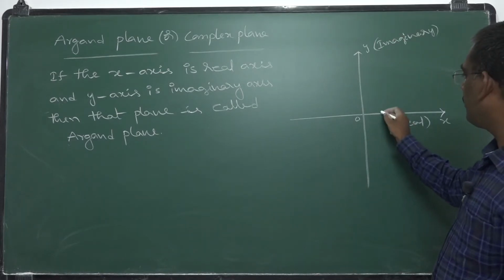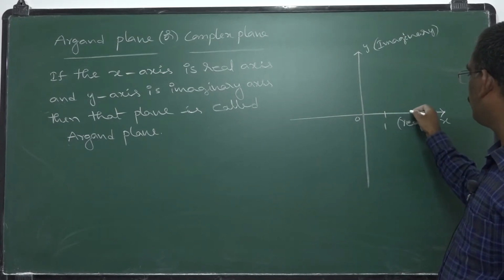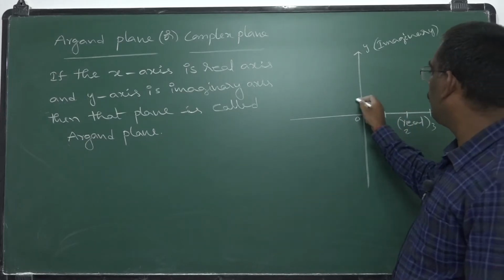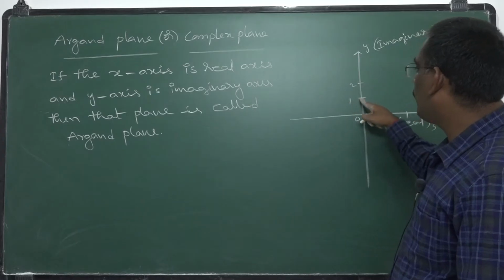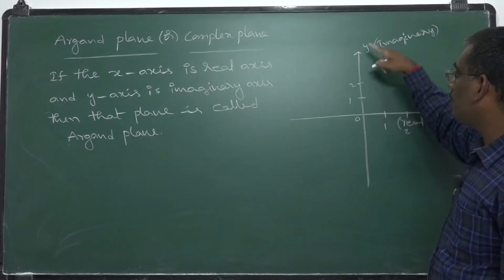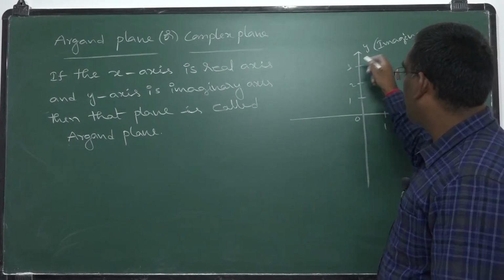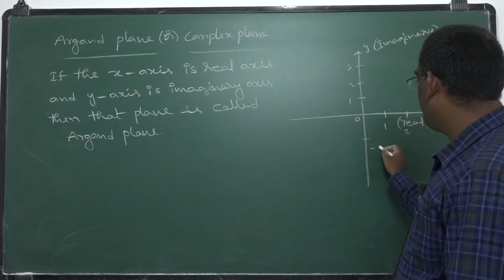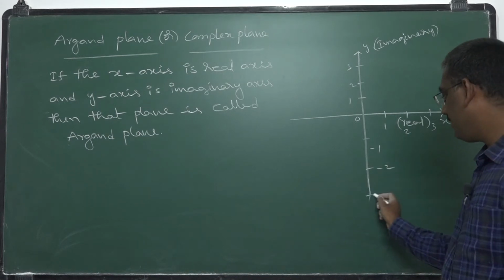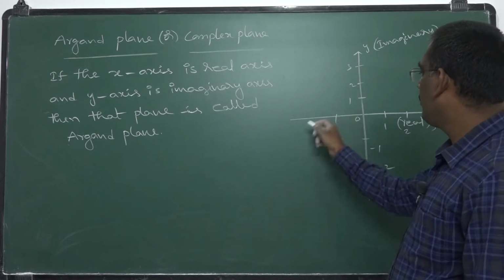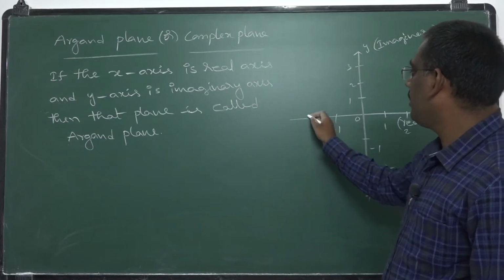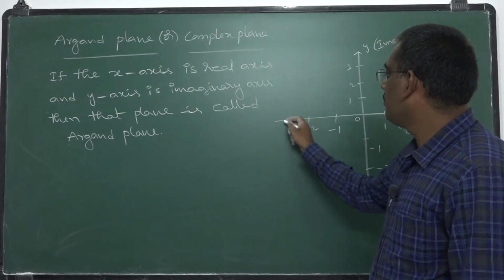Suppose this is the real axis: 1, 2, 3 and so on. On the imaginary axis, 1 means 1 into i, and so on. Minus 1, minus 2, minus 3 to the left of the origin.